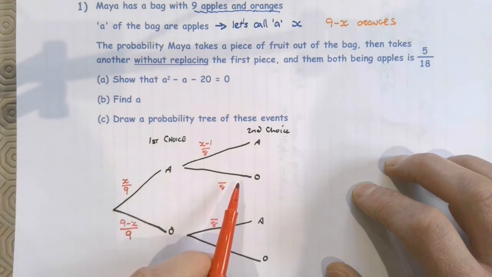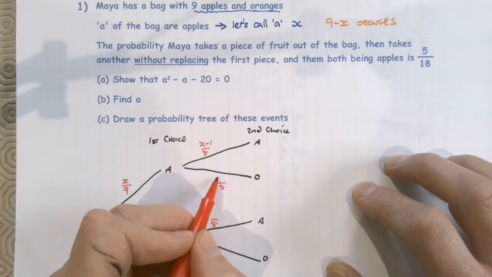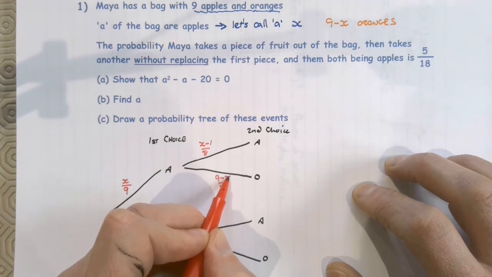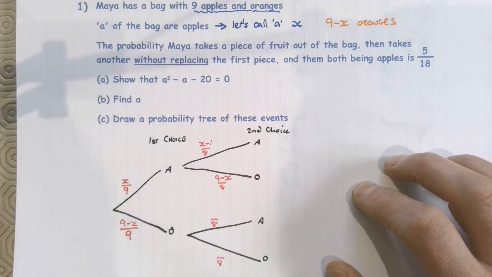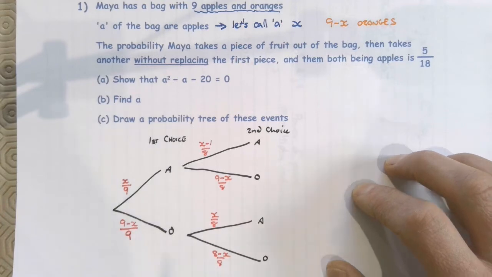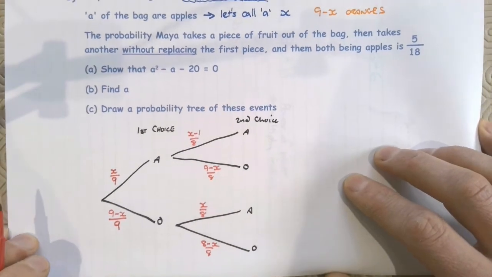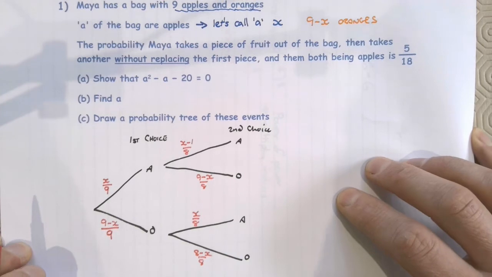We've not already chosen an orange, so we've got 9 minus X chances of getting an orange. Here we're going to choose an apple after choosing an orange, so there's still going to be X apples in the bag. And here we've chosen an orange, and we're going to choose another orange, so there's 1 less orange, so there's only 8 minus X left there. Okay, so there's the first part of the problem.